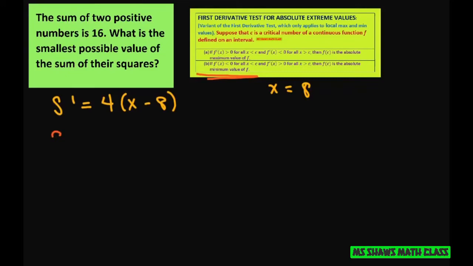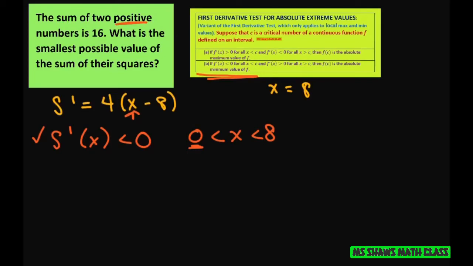So s prime of x is negative for 0 is less than x is less than 8. Remember, we have to start at a little bigger than 0 because it has to be positive. So we can't include it. So at 8, if I plug, say, 7 in here, that's going to be negative. So that means it's negative there.